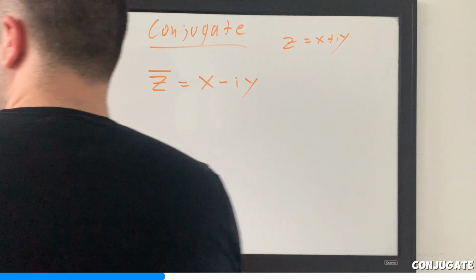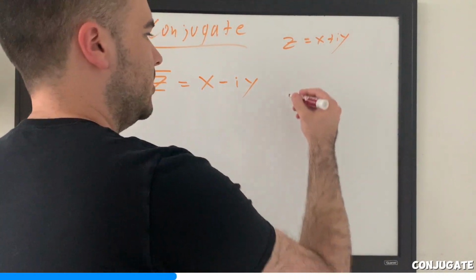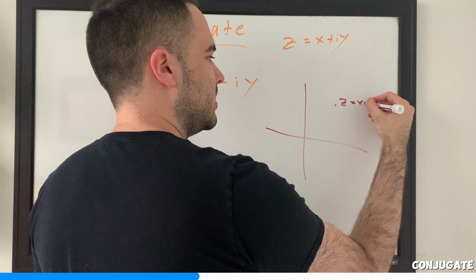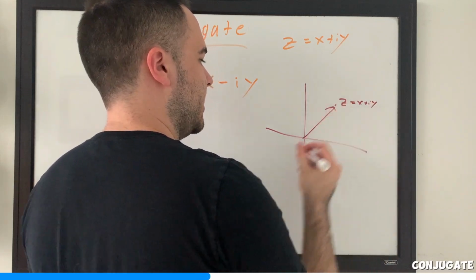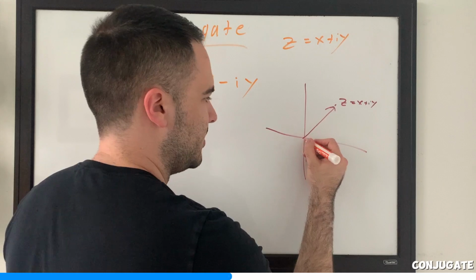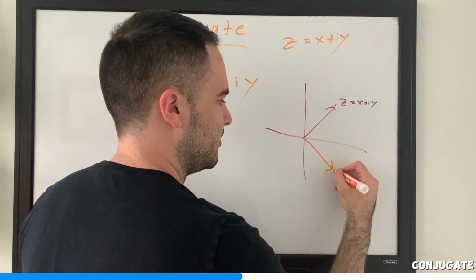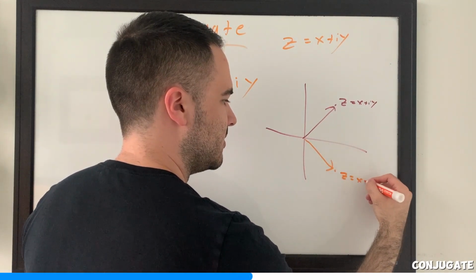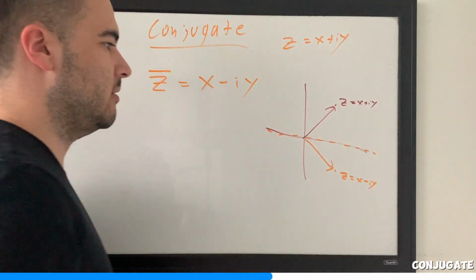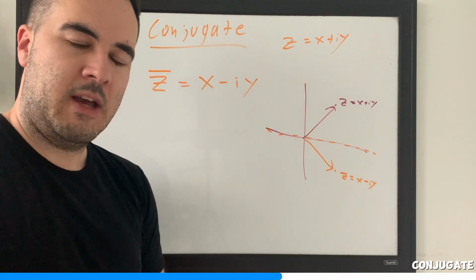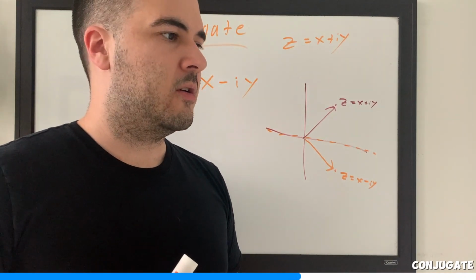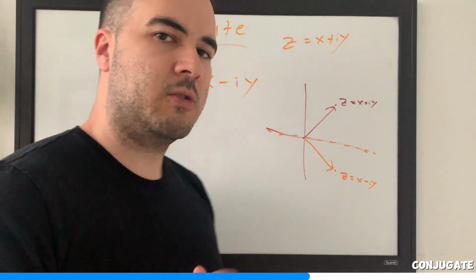Now, visually, when it comes to complex numbers, all this is doing is basically saying if I have a point here, which is x plus i times y, the conjugate is now flipping it across the imaginary. So now you have z bar equals x minus i times y. It is just flipping it across the imaginary axis. However, it has a unique relationship with the modulus. So let's see what that's about.